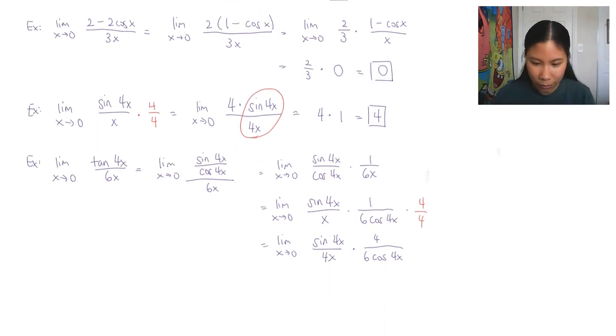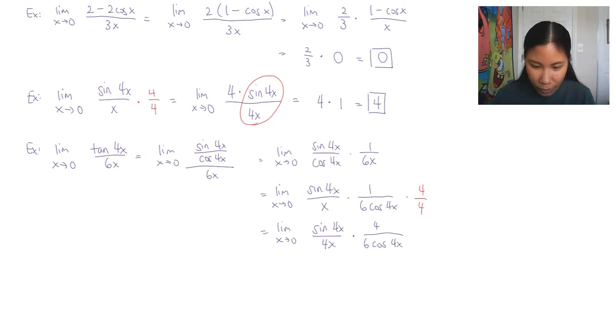Now we know this part of our limit just becomes 1, because that's the special limit. Then we're multiplying by the limit as x approaches 0 of 4 over 6 cosine 4x.